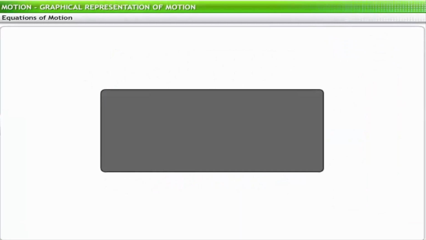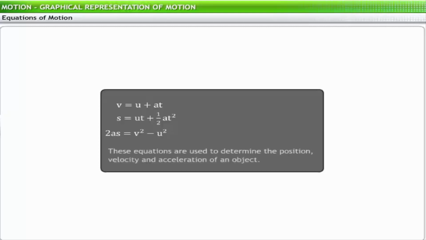There are three equations of motion. v = u + at. s = ut + half at squared. 2as = v squared minus u squared. These equations are used to determine the position, velocity, and acceleration of an object. We can derive these equations graphically.